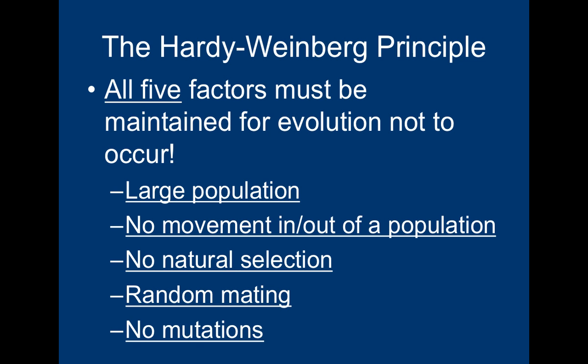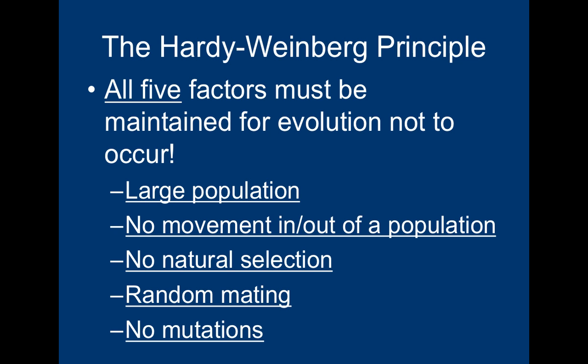You must maintain a large population. You cannot have any individuals moving in or out of a population. You can have no natural selection taking place. You must have completely random mating, and you can have no mutations. Just from reading that list, you should get an idea that this is pretty difficult to do.